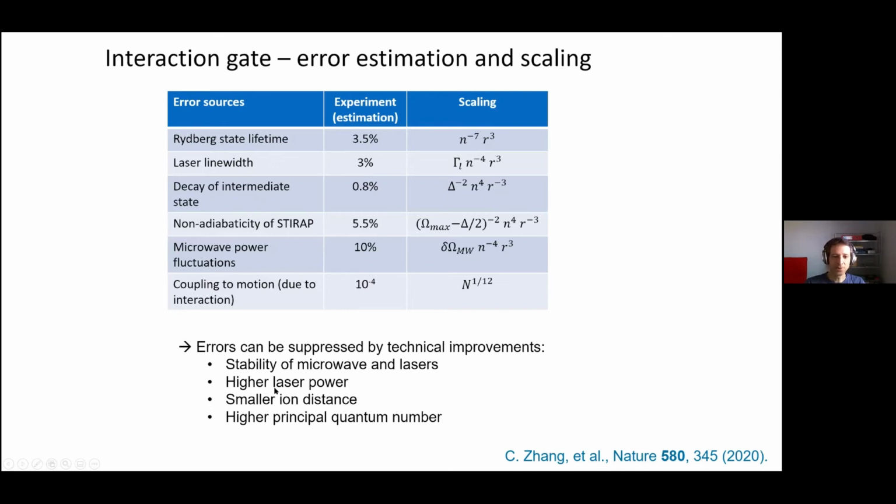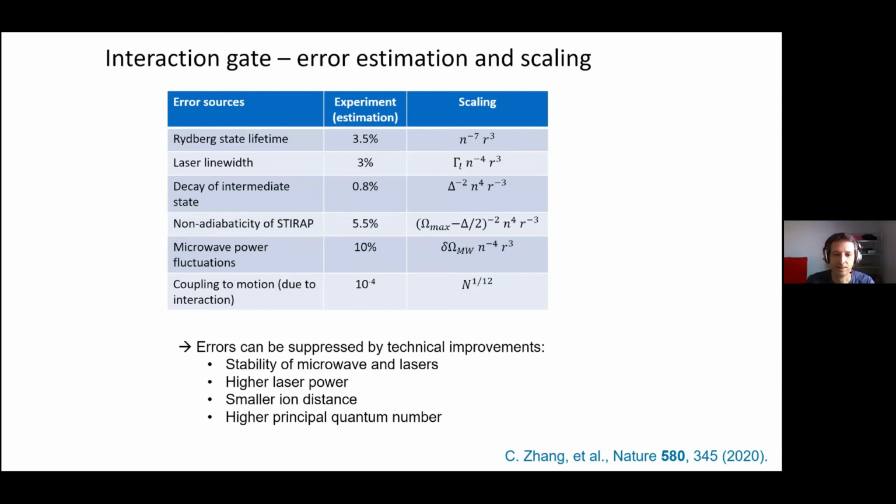The coupling to the motion, interestingly, is not so bad. Coupling to motion here is the effect due to the interaction. Of course, you also have forces on the ions. Due to the interaction potential, the Rydberg blockade I showed you, the interaction goes up depending on the distance, and due to that you get an effective force on the ions.